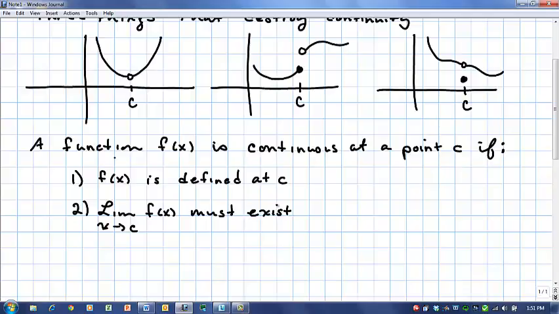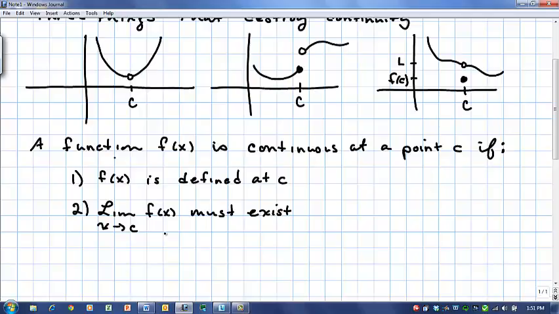Okay? But that's still not enough, because if we look at example 3 here, here the limit exists, it's equal to whatever this value is here. The function is defined because we have this value here is f of c. So it satisfies condition 1, the function is defined at c. It satisfies condition 2, the limit exists at c.